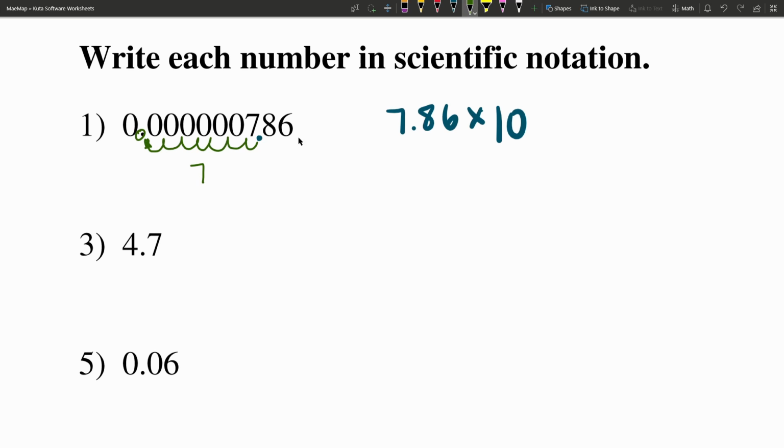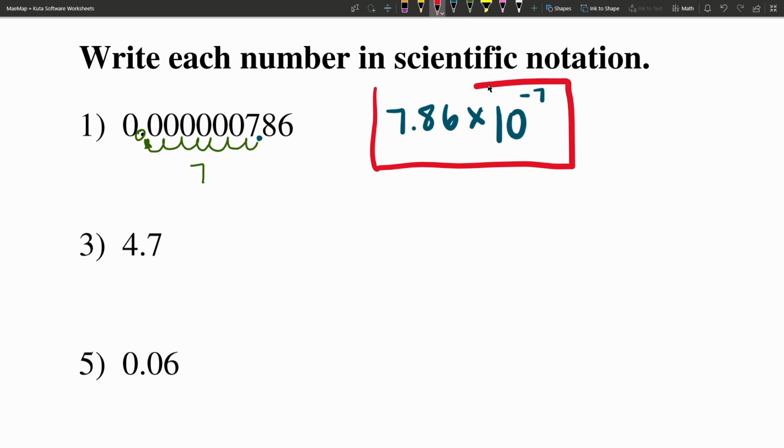So because we moved it a total of 7 times, our exponent is going to be either a -7 or a +7. And think about it. 7.86 is a number larger than 0.00000786. So we want that to be the negative exponent. So it's 7.86 times 10 to the -7th.